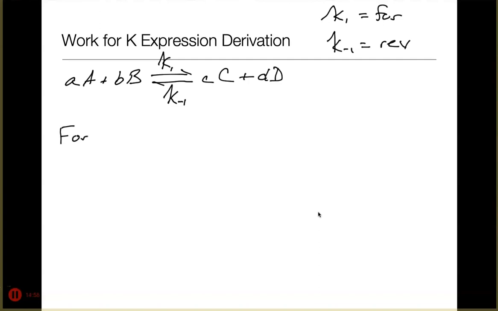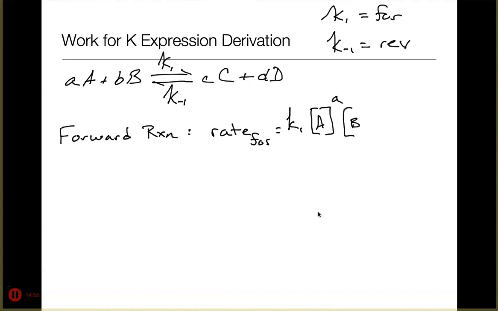So if I'm only looking at the forward reaction, that means if I wrote this rate law, rate forward equals K1 times A, we'll discuss this a little bit later, to the B, right? I could write out that rate law.